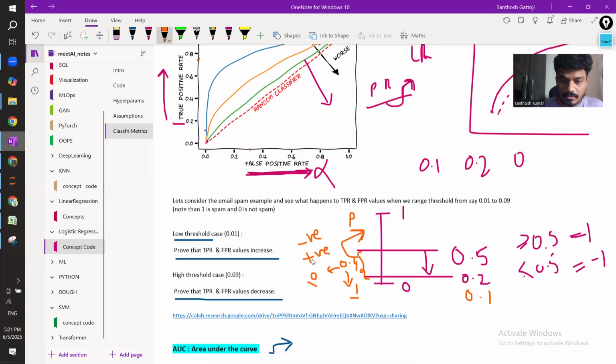But all of these, whatever it is, you are saying as positive, though they are not actually positive. That proportion will increase compared to 0.5.